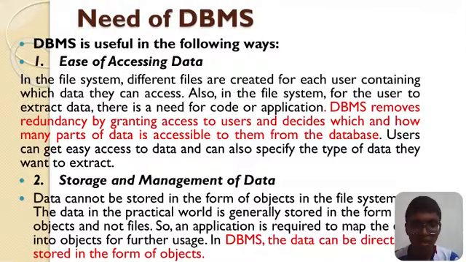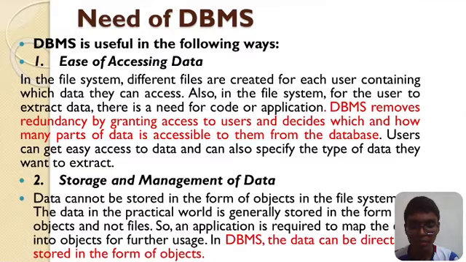Also in the file system, for the user to extract data, there is a need for code or an application. DBMS removes redundancy by granting access to users and deciding which and how many parts of data are accessible to them from the database. Users can get easy access to data and can also specify the type of data they want to extract.